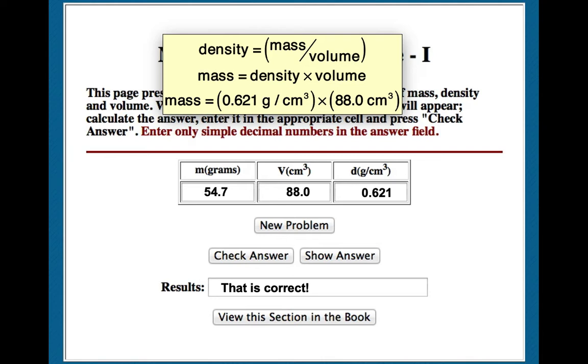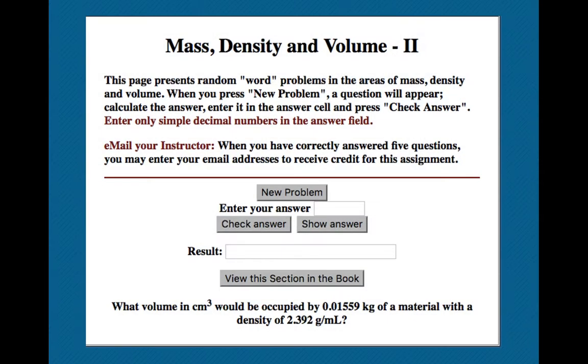If there's a density 1, sadly, there's also a density 2. Density 2 is a word problem, not a table. That freaks everybody out right away. Looking for a volume in cubic centimeters. We have 0.01 kilograms of something. We want our density in grams per mil.